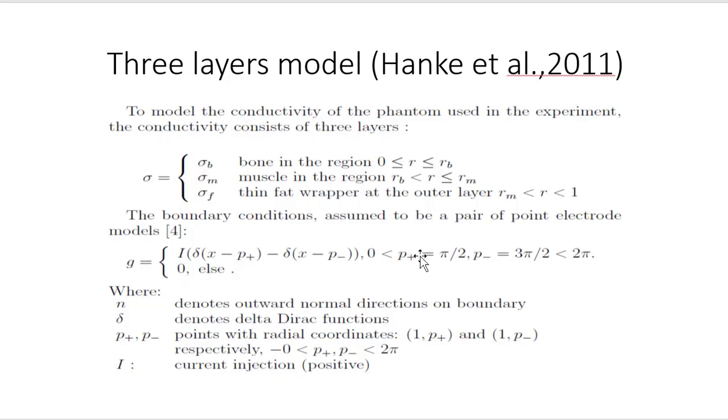Here, P plus and P minus denote the positions of the electrodes attached to the boundary, and I is the current injected into the object.